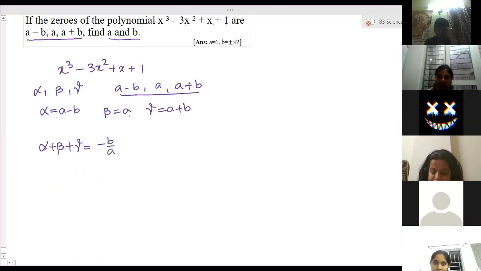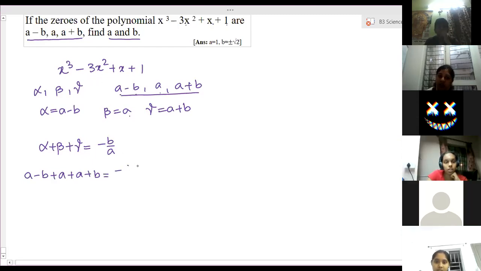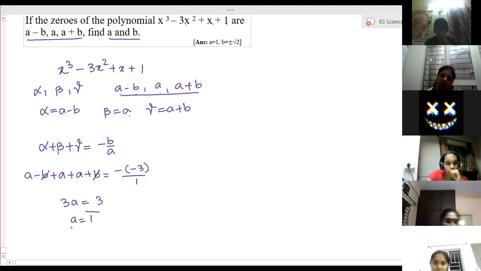Alpha is a minus b, plus a, plus a plus b, is equal to minus of minus 3 by 1. So minus b and plus b cancel, and 3a is equal to 3. So what is the value of a? 1. So the value of a we got.